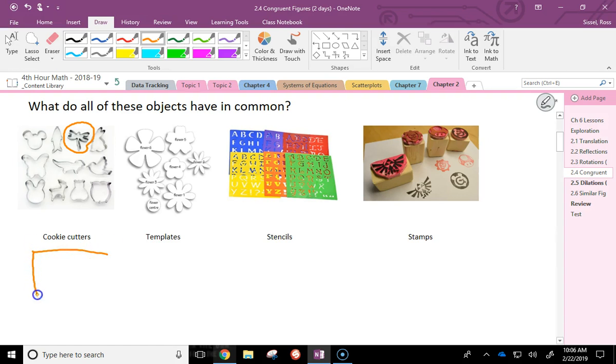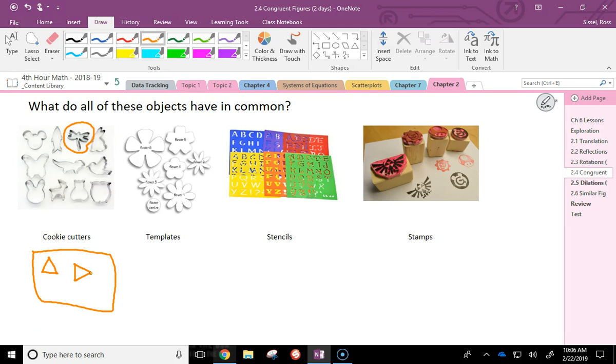Or if I had all my cookie dough laid out here, and I'm not going to use a dragonfly anymore, I'm going to use triangles. Let's say I had a triangle cut out there. I might have another triangle cut out here. They could be the same size and shape, just maybe turned a little bit. Same thing here.